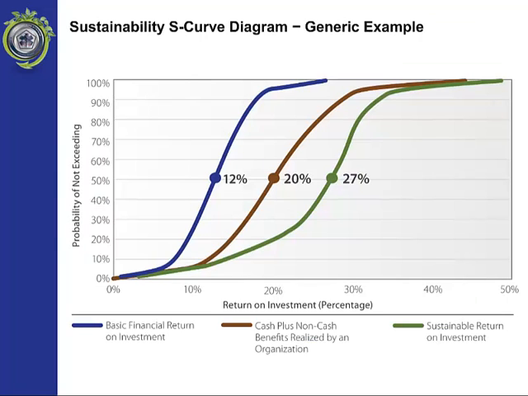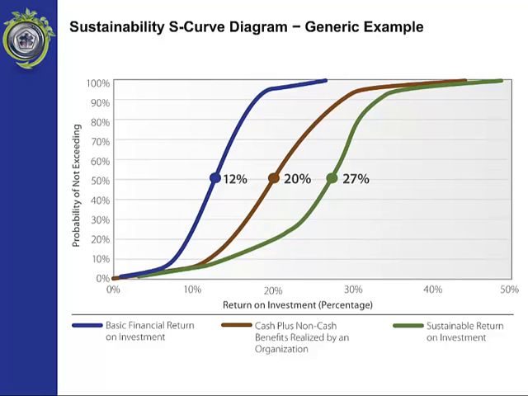SROI results can be presented in a variety of ways. The most interesting format for the presentation of SROI results is the Sustainability S-curve diagram, which is depicted here. It provides the complete FROI and SROI risk-adjusted picture.